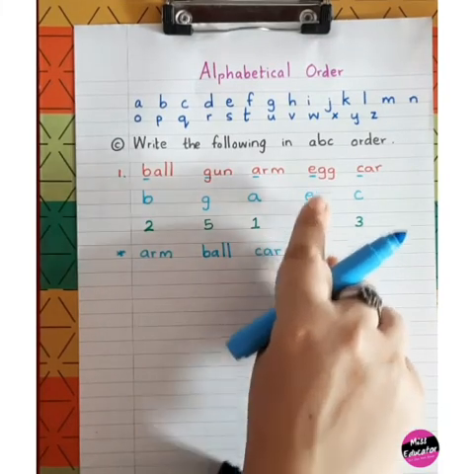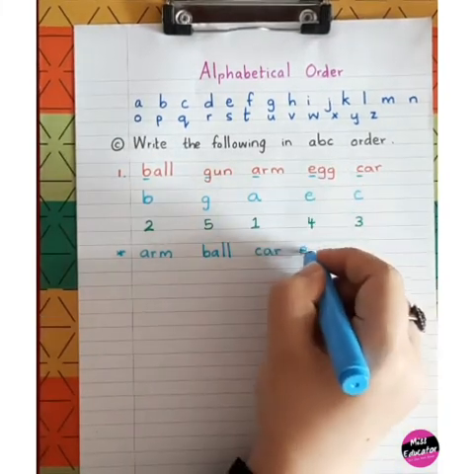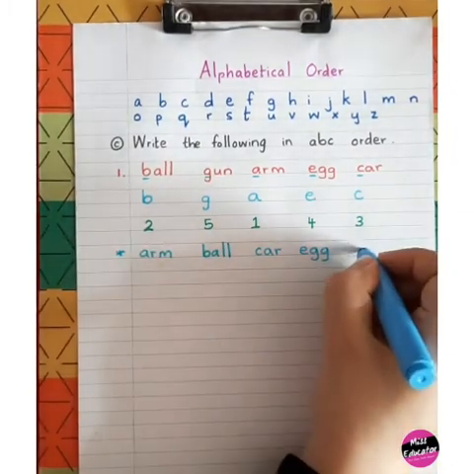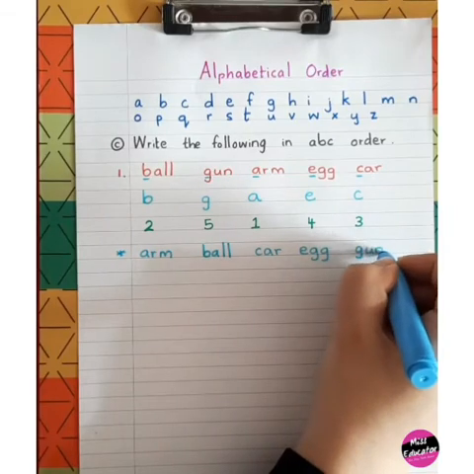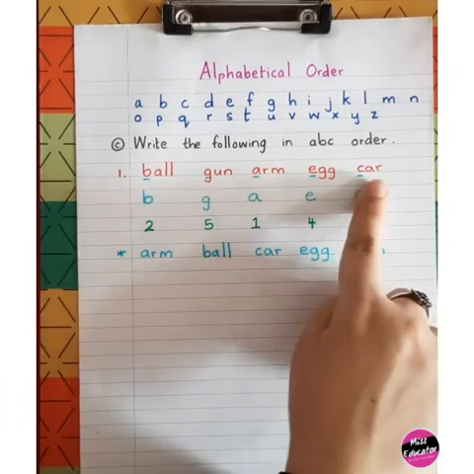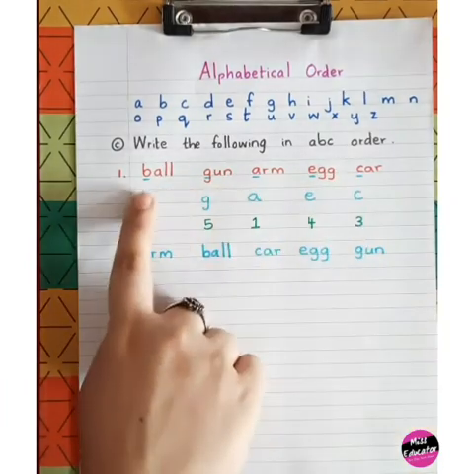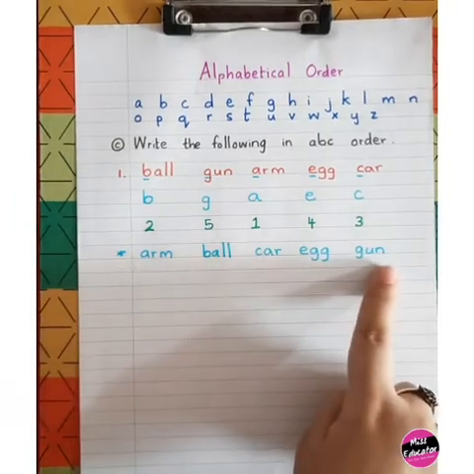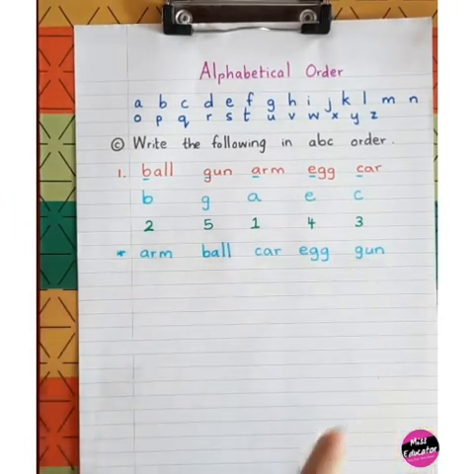Our fourth word is egg. And our last word will be gun. So we had a few words over here. We rearranged it by looking at the first letter and then putting down numbers and getting the correct order.